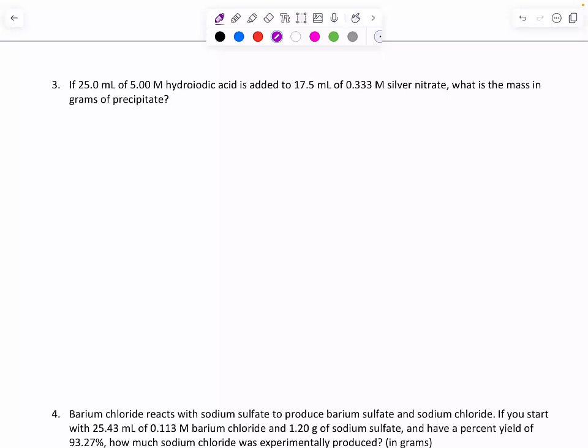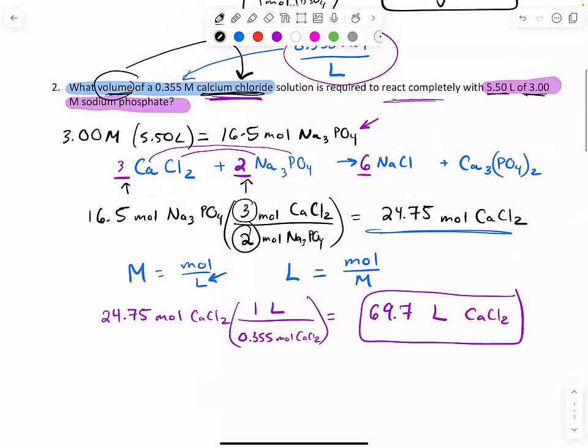For this next one, we have a balanced chemical equation, and I'm not going to go through this with you because at this point, I feel like you can figure it out by yourself. As I'm writing this, I realized I did not tell you which one was your precipitate. In this case, you've got aqueous because of your sodium and chlorine.